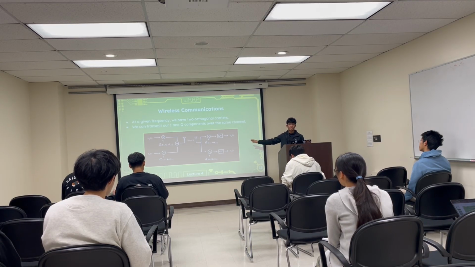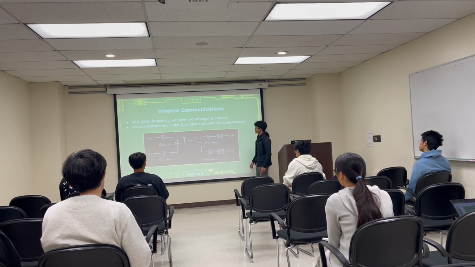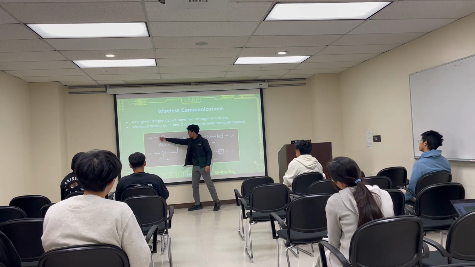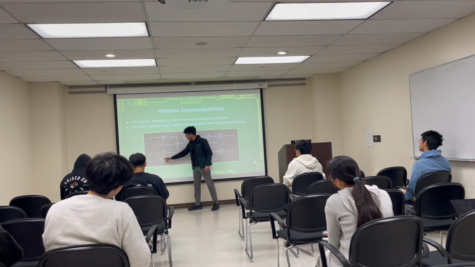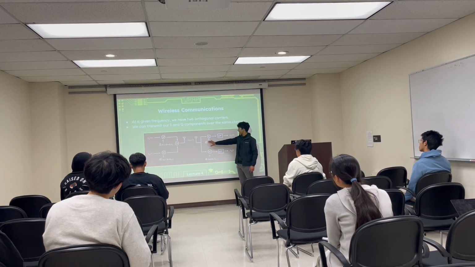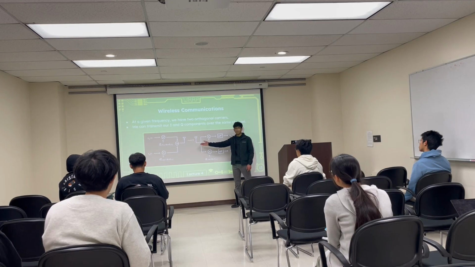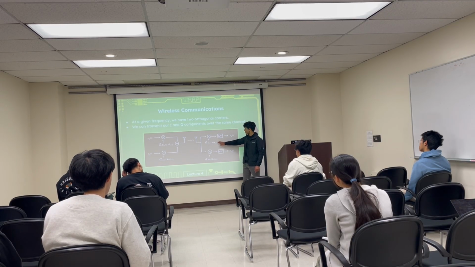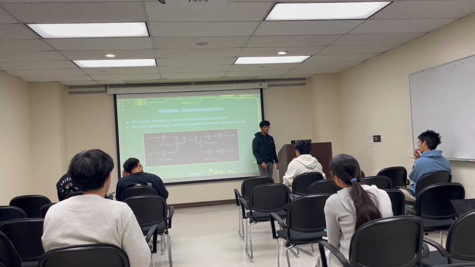The takeaway from this slide is that if we multiply an in-phase component by a sine and the Q component by a cosine, we can add the signals together and then transmit it. In general, when you add two signals together, you lose information about each signal individually. But if you demodulate using the right carriers, then you can actually extract the I and Q components separately.